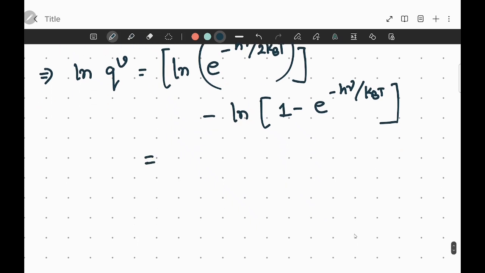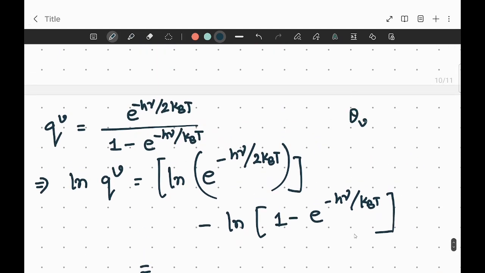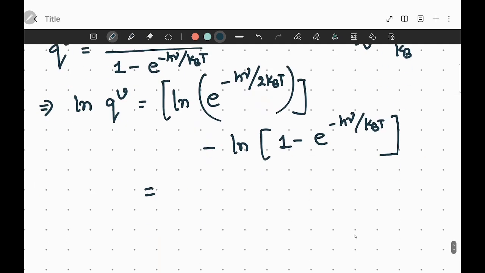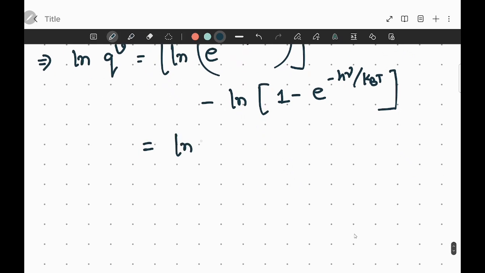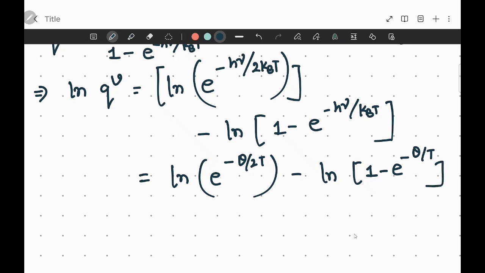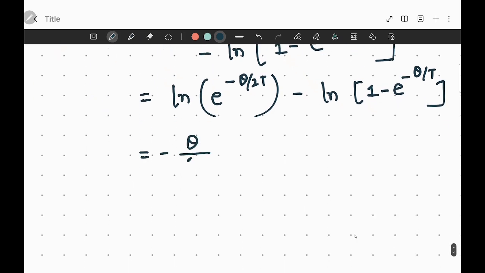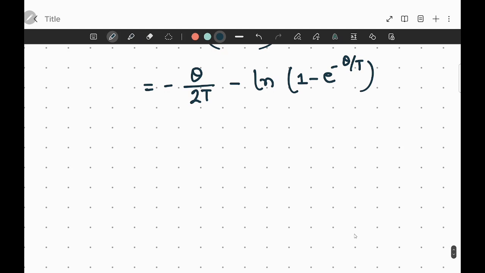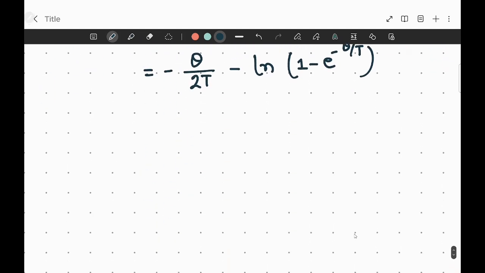So you can write it. Okay, so you know this h nu by kB is theta vibrational. So you can write it as ln e to the power minus theta by 2T minus ln 1 minus e to the power minus theta by T. So it is minus theta by 2T minus ln 1 minus e to the power minus theta by T. So now we have to take the derivative d ln q by dT.